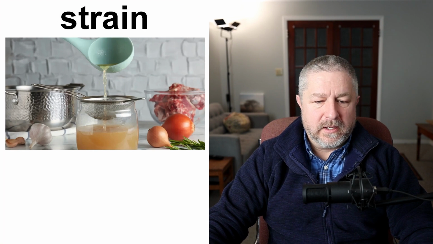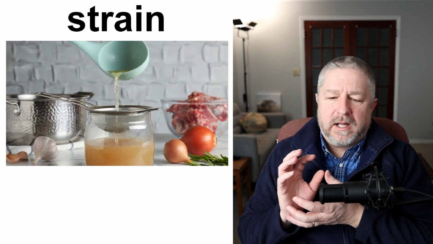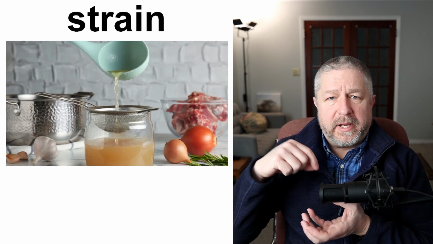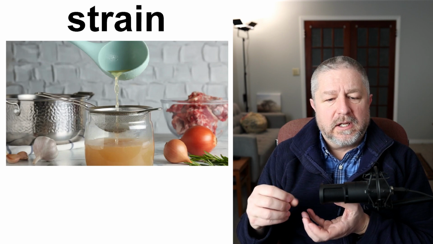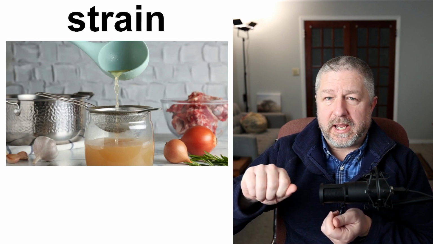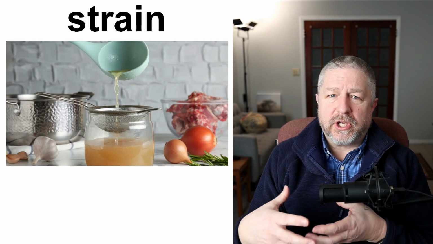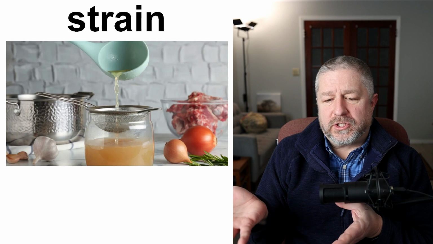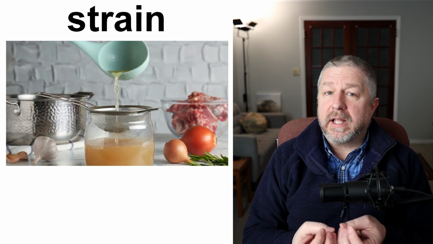And strain. When you strain something, it means that there's probably a liquid that has some bigger pieces in it, and you don't want the bigger pieces. So you pour the liquid through a strainer so that you can strain it. When we make chicken broth, we pour the chicken broth through a strainer because we only want the liquid part of it.